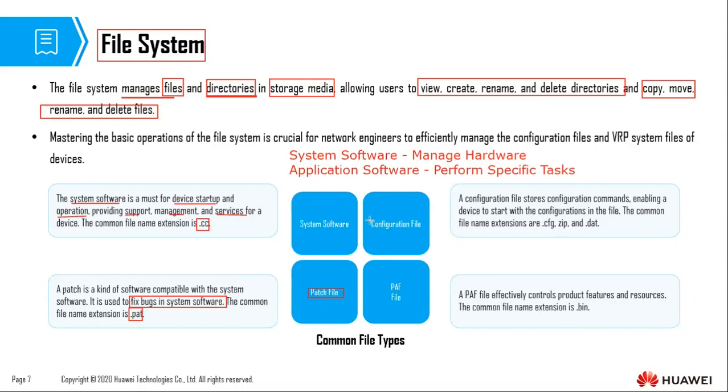Then we have configuration files. As the name suggests, configuration files are used to store configuration commands. So whenever we configure certain bits of the device, like a certain protocol, or a certain interface with an IP address, the file that is changed and stores those configuration commands is what we call the configuration file.